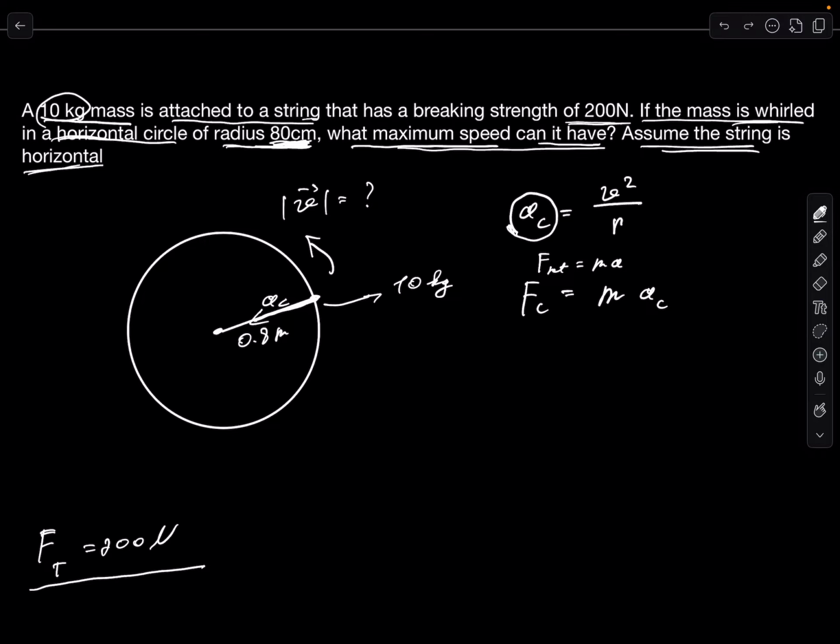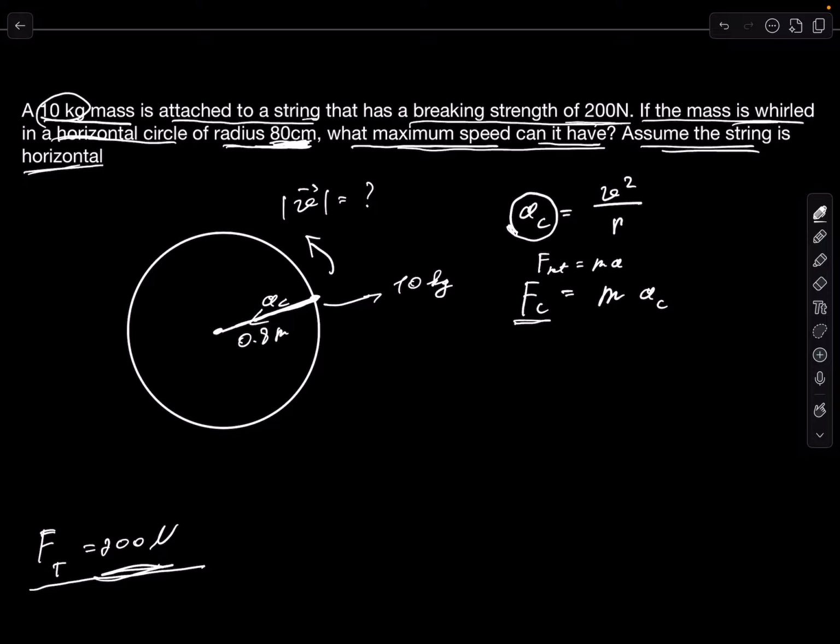Well, we've been told that the breaking strength of the string is 200 newtons. So if our centripetal force is greater than 200 newtons, then this string is gonna break, and the whole problem is no longer valid. It's just irrelevant.